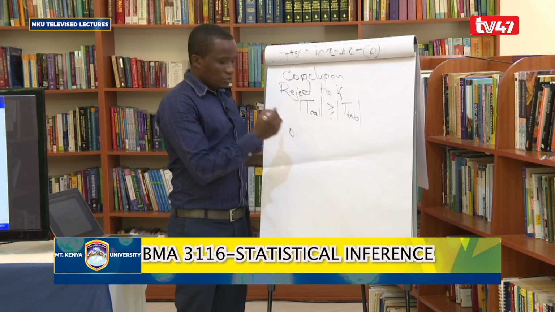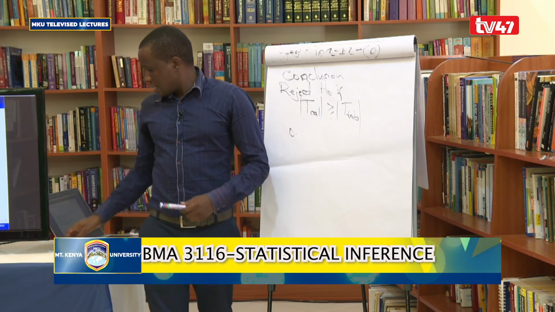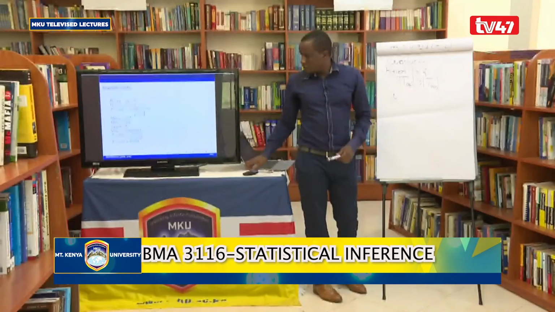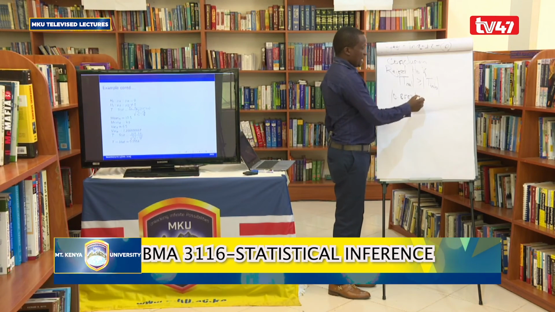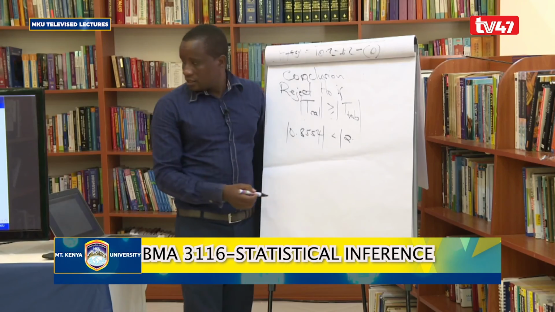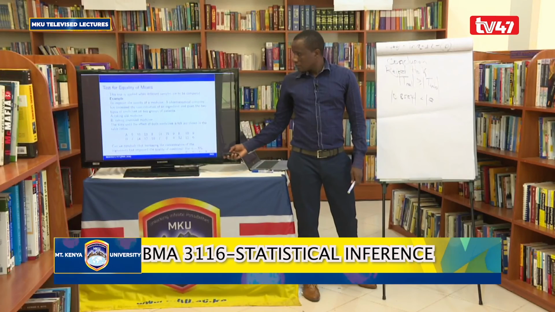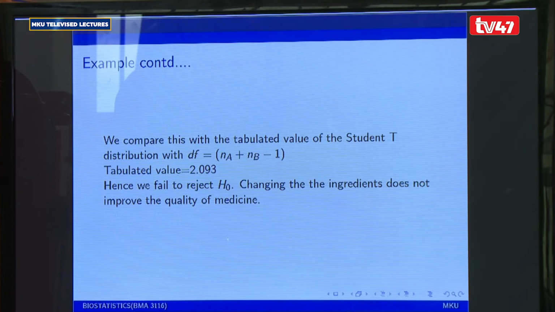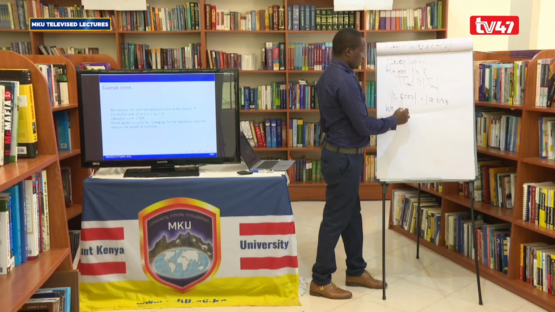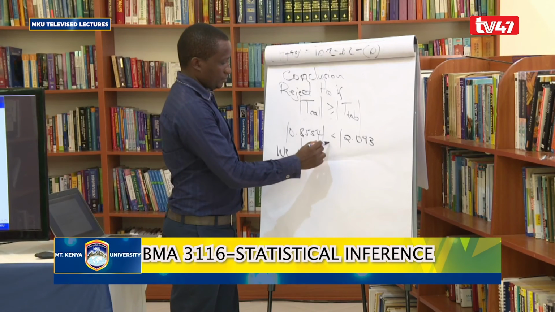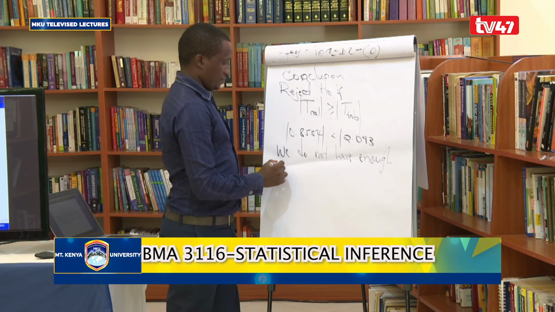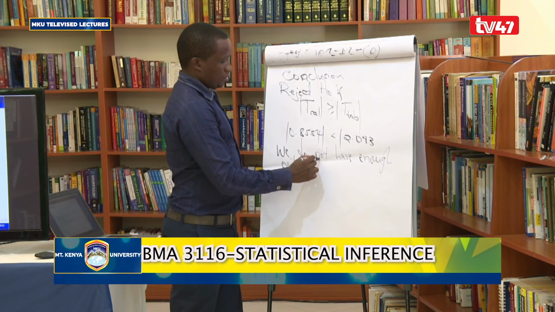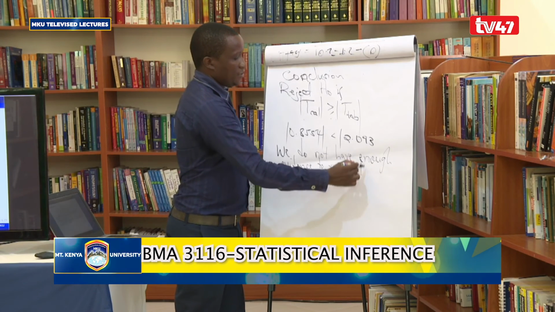So in this case we've gotten 0.8554. The absolute value of this is less than 2.093, and therefore the conclusion we make is we do not have enough evidence to reject H naught.